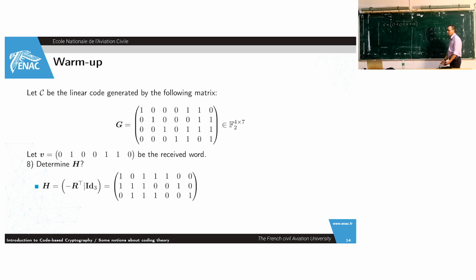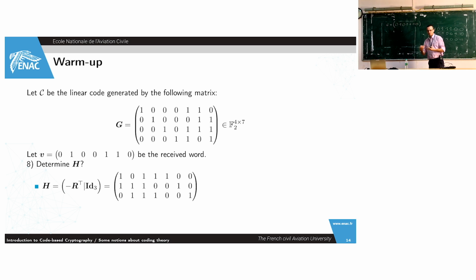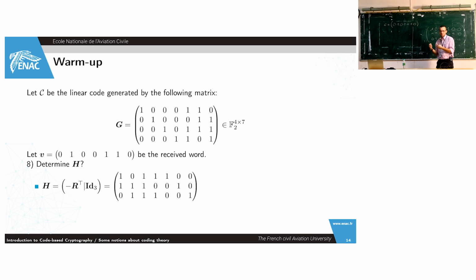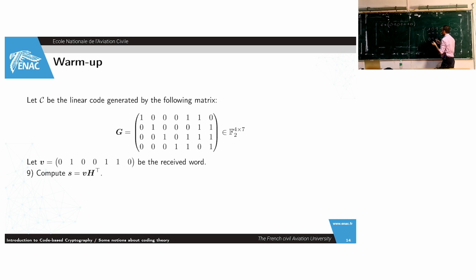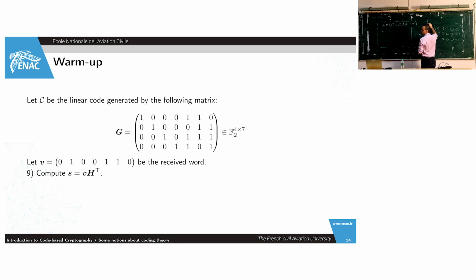Now we want to compute V times H transpose, or H times V. And V was 0, 1, 0, 0, 1, 1, 0.